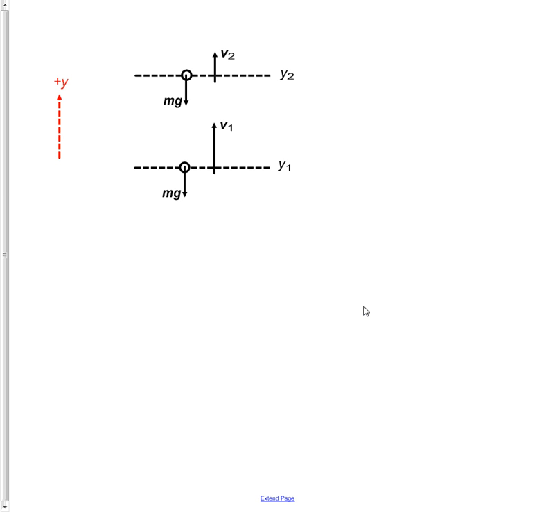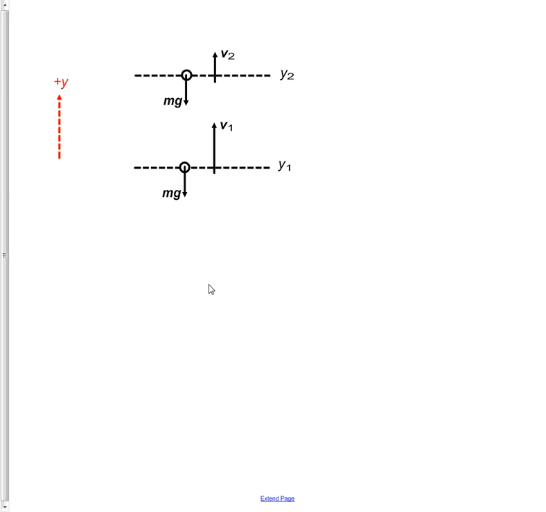Now, I may have not mentioned this earlier, but from now on I strongly urge you to always choose up to be the direction of increasing coordinate y. The reason is because the value that we're going to derive here for what the gravitational potential energy is will only be correct if y is pointing upward.